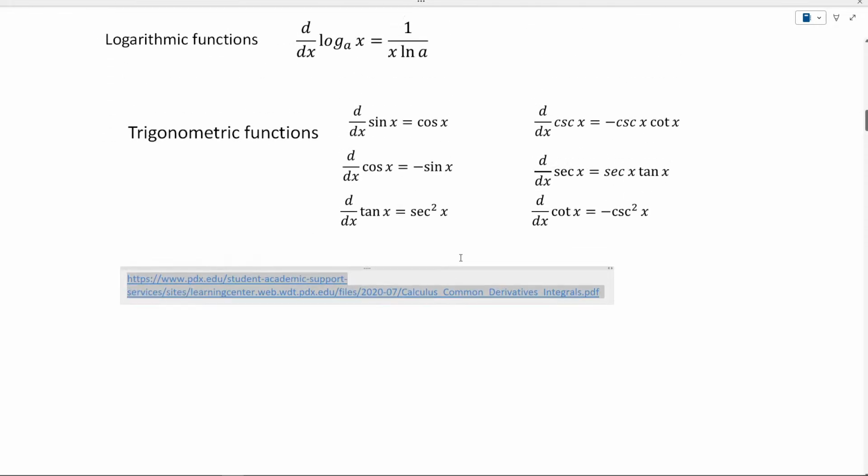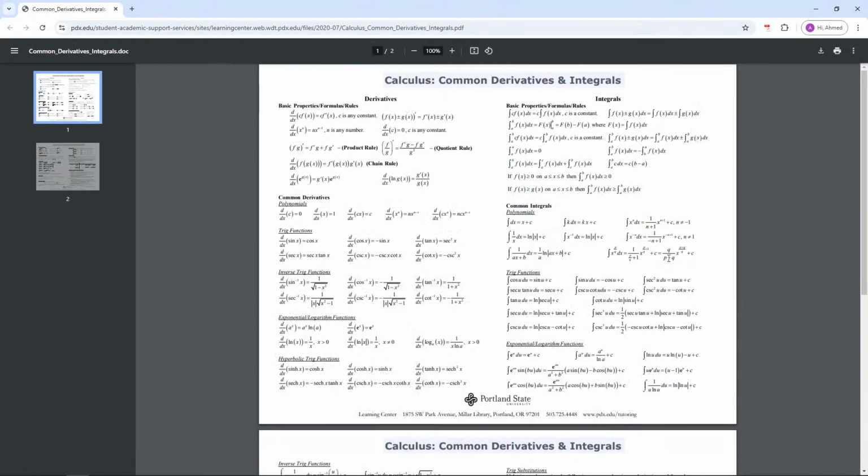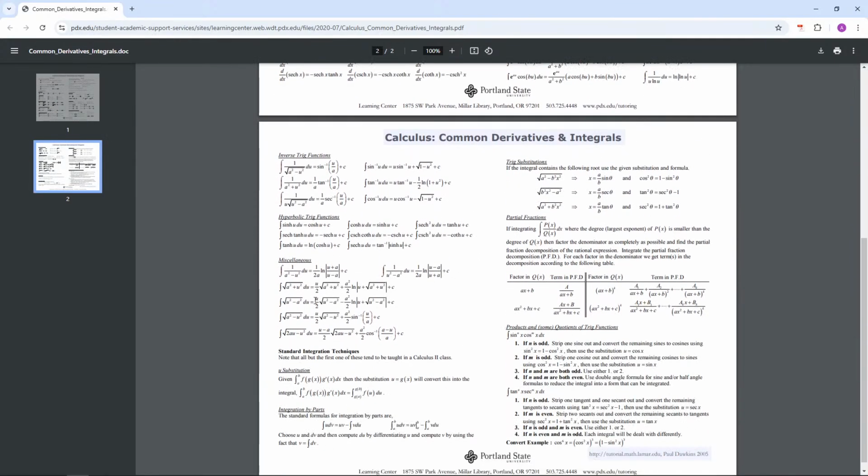If you have your math book from when you were an undergraduate student, I remember my math textbook had a table with these things on the cover page. So here you can find a table with all these things and all the rules that we covered and other things.